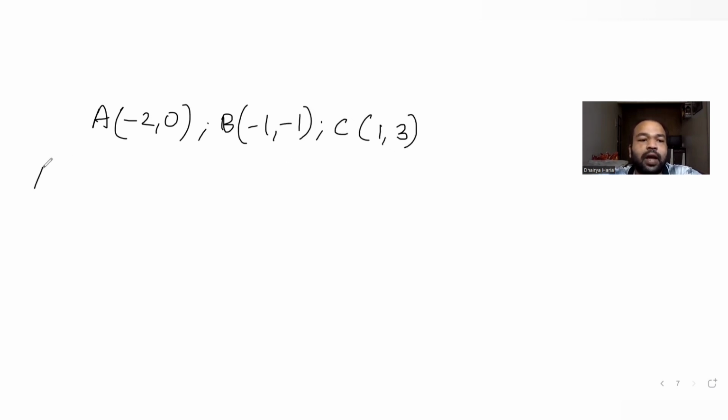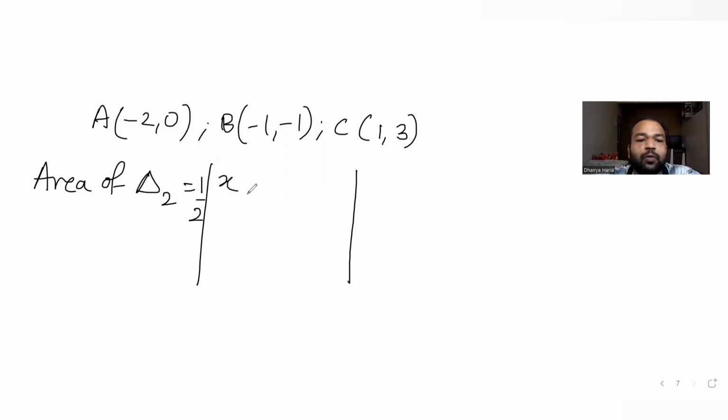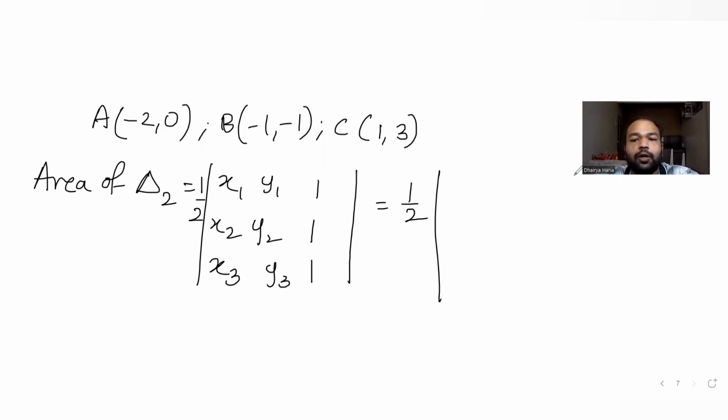So once I get this, I can find the area of the second triangle, which is formed by the tangents drawn to the 3 points P, Q, and R. So I can use the idea of collinearity, that is half of the determinant of x1, y1, 1, x2, y2, 1, x3, y3, 1. So you get this as half of determinant of minus 2, 0, 1, minus 1, minus 1, 1, and 1, 3, 1.